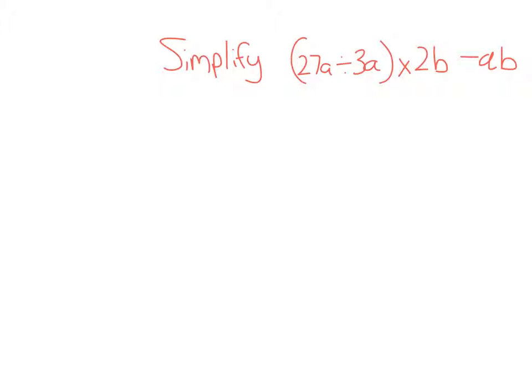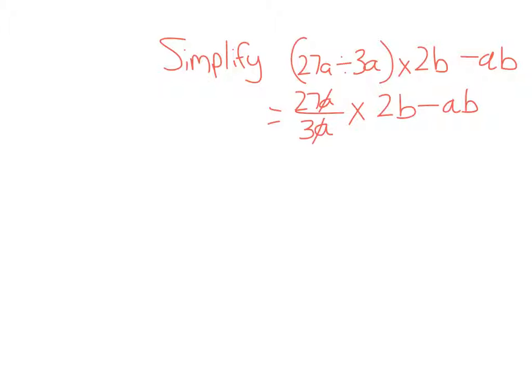So in this example, the brackets actually don't make any difference. We do the division first, then the multiplication, and then we subtract. So 27a over 3a is how we write it. So remember, if the same pronumeral is on top and bottom, we cancel it out. So we're left with 27 over 3 times 2b minus ab.